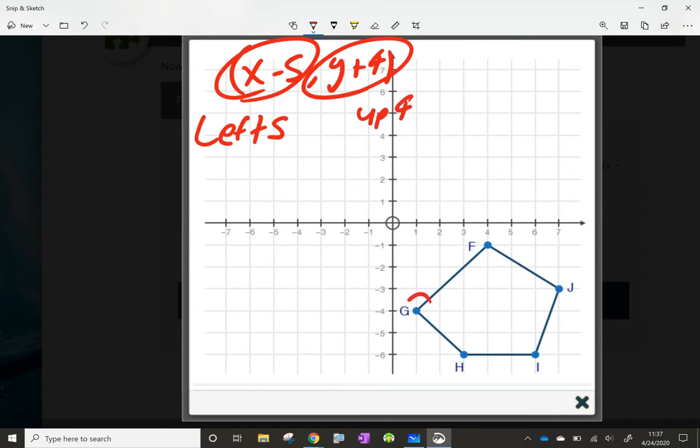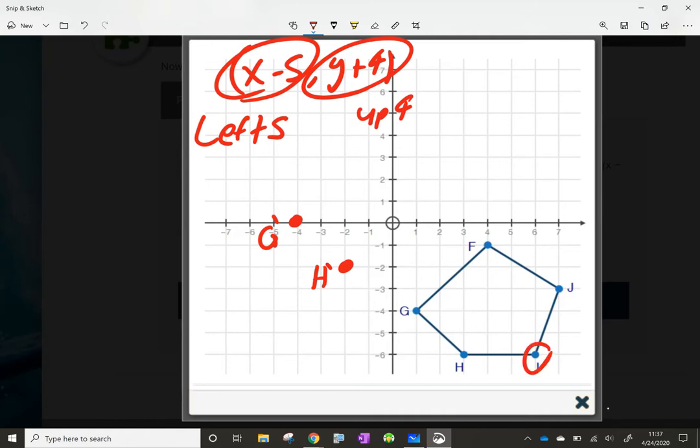So let's start with G, just because. And let's go left 5. So 1, 2, 3, 4, 5. And then up 4 as well. 1, 2, 3, 4. And that's where we will find G prime. Do it for H. We go left 5. 1, 2, 3, 4, 5. And then up 4. And we end up here for H prime.